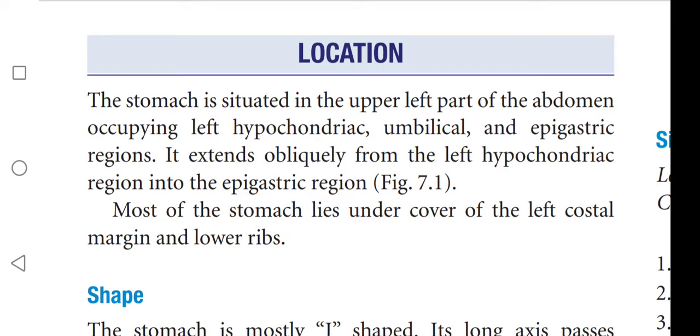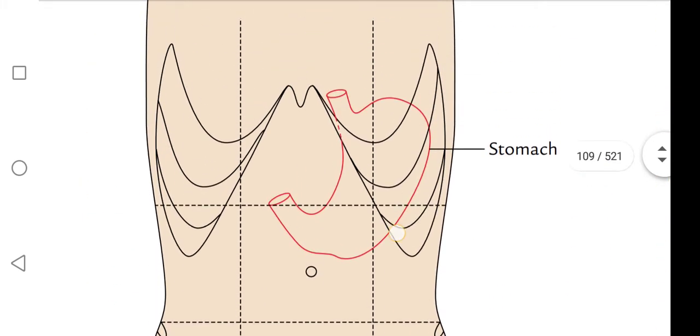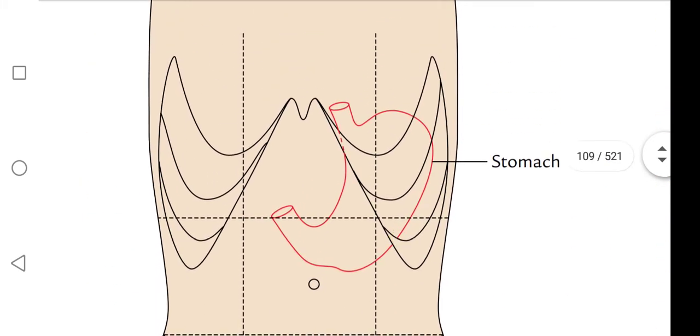Coming to the figure, this figure shows the location of the stomach. This stomach occupies the upper left part of the abdomen, and it is present in the regions.